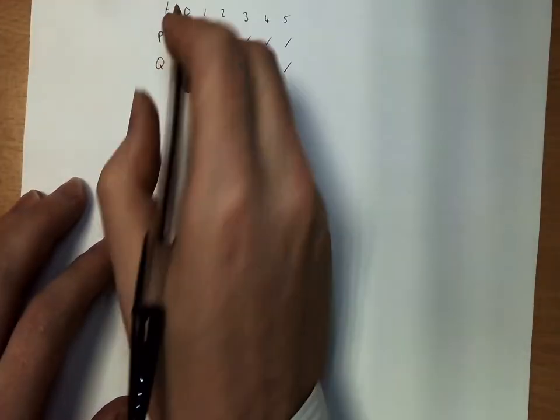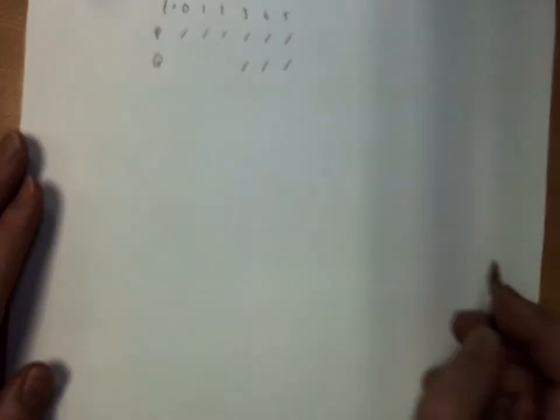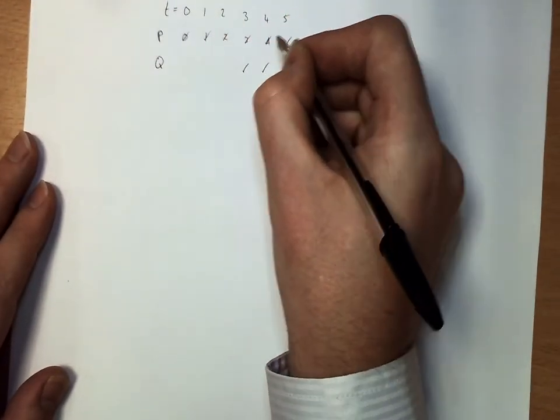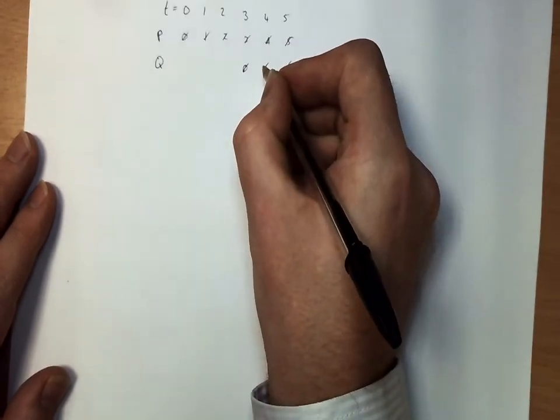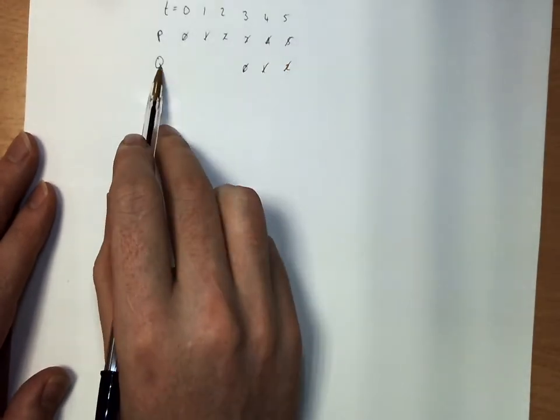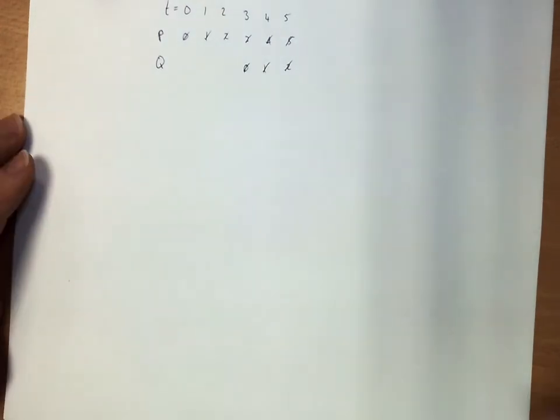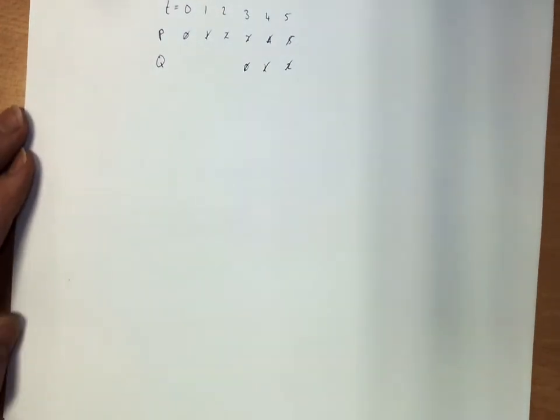So I'm thinking about this relative to when the first particle passes. If this is 0, 1, 2, 3, 4, 5, this would be 0, 1, 2. So the time for Q, we have to take away 3 to get the time for P. That idea is going to be really helpful in a moment.